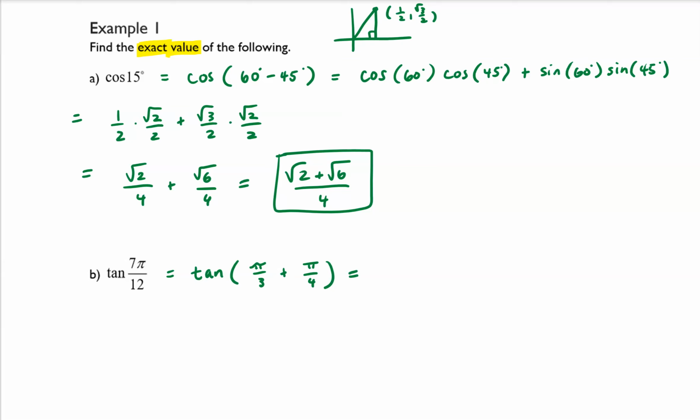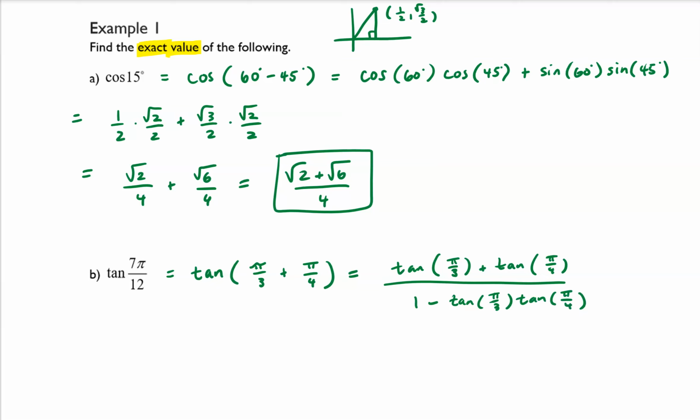All right, so this is going to equal tangent of pi over 3 plus tangent of pi over 4 over 1 minus tangent of pi over 3 times tangent of pi over 4. And this was just taken from the formula that we have up above.